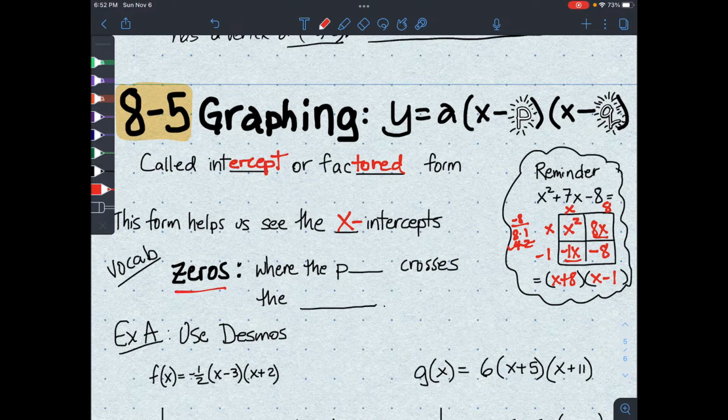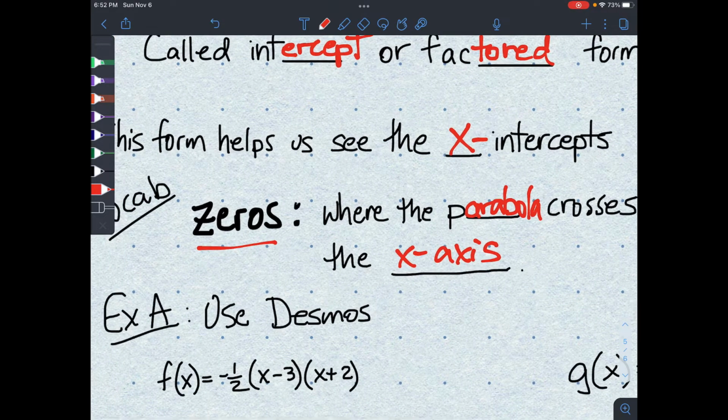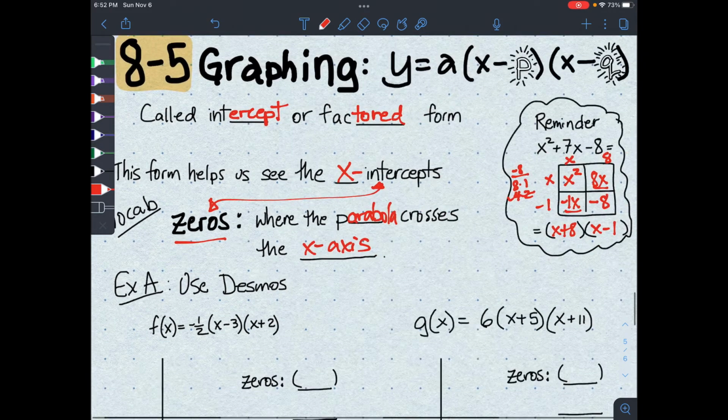And that is, what are the zeros of the graph of the parabola? So the zeros are, where does the parabola cross the x-axis? All right, so the words x-intercepts and zeros are almost synonymous. They mean the same thing.